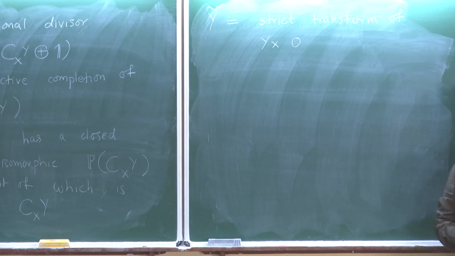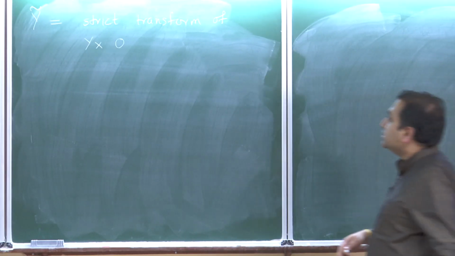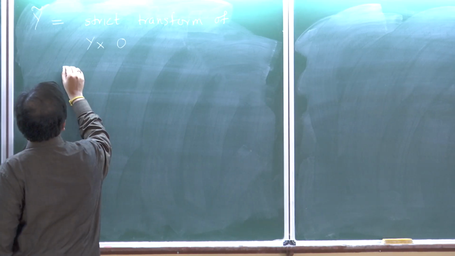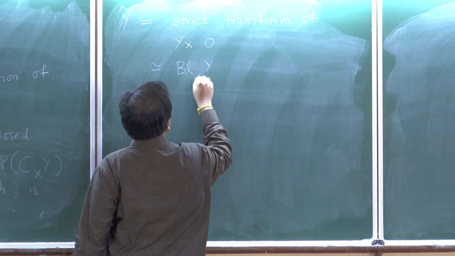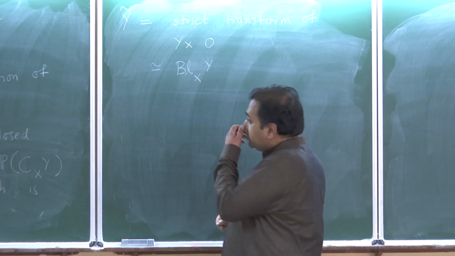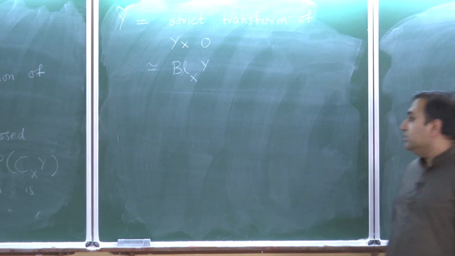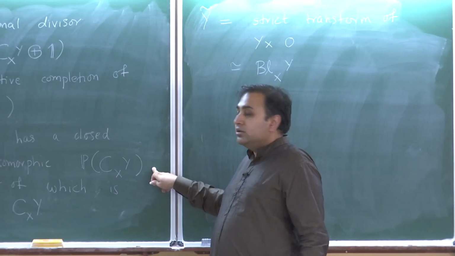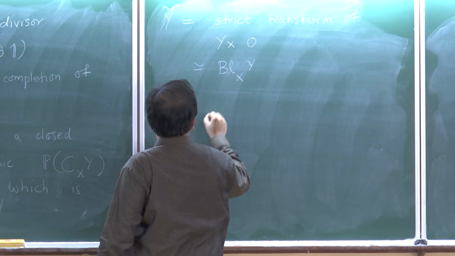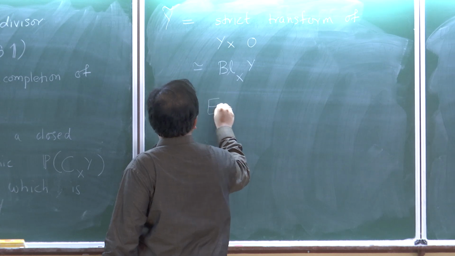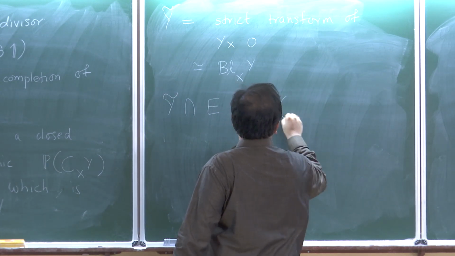You blow up X cross 0, and then you see what the strict transform is, and this is basically going to be isomorphic to the blow up of Y at X. And in this blow up, the exceptional divisor is exactly this thing, right? So Y tilde intersected with E is exactly this P C_XY.